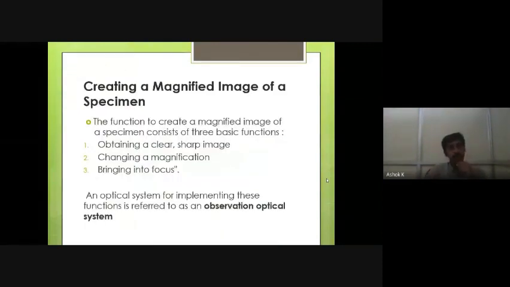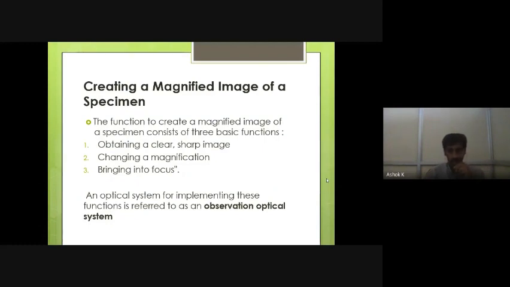For magnifying the image of a specimen, what are the things to be done? It consists of three basic functions: obtaining a clear and sharp image, changing the magnification, and bringing it into focus. These are the three processes we have to do while magnifying the image of a specimen.